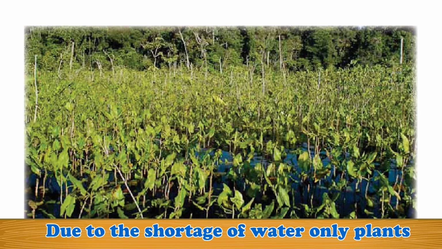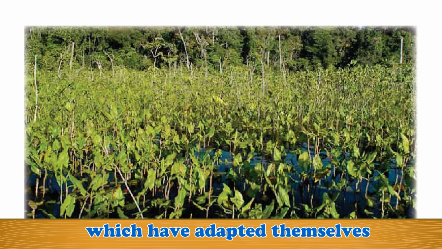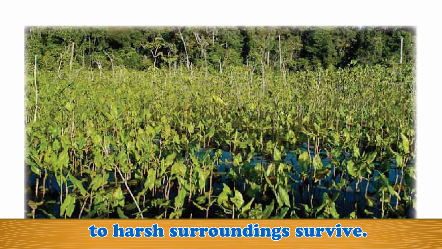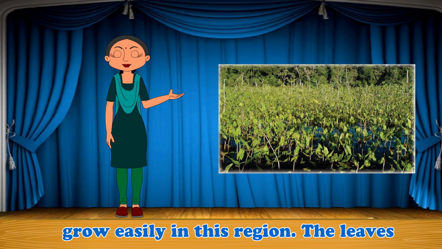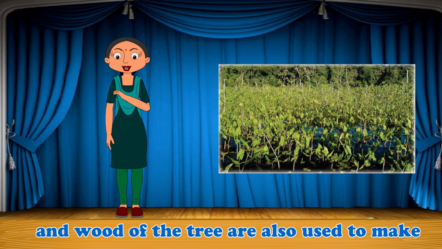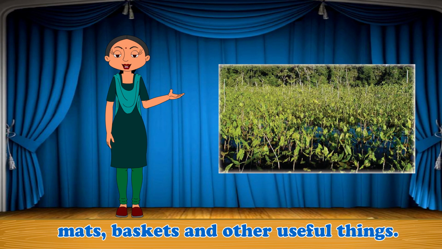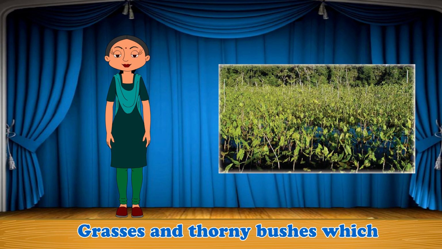Vegetation. Due to the shortage of water, only plants which have adapted themselves to harsh surroundings survive. The date palm trees are the only trees which grow easily in this region. The leaves and wood of the tree are also used to make mats, baskets, and other useful things.